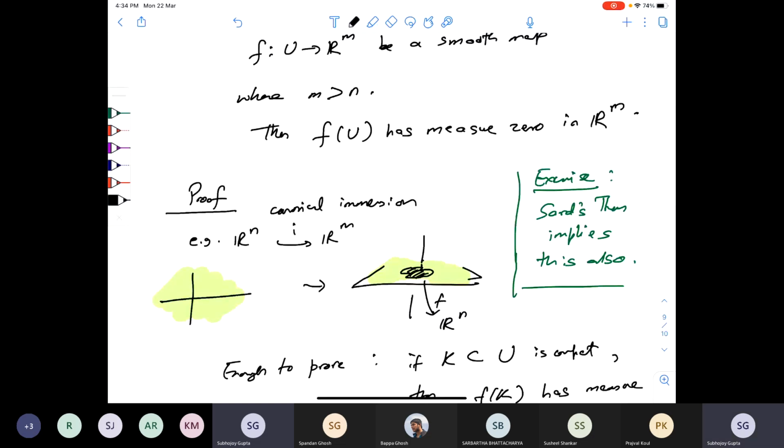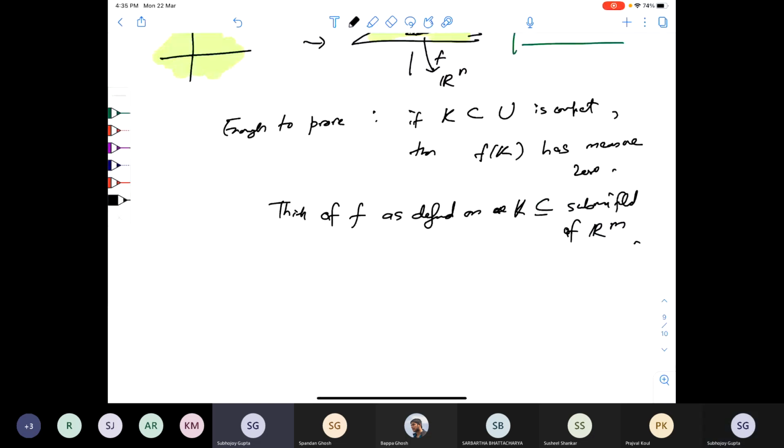Your smooth map is defined in R^n. Think of that R^n as this hyperplane inside R^m. Then you can define your map there, and so the K subset is zero-dimensional.